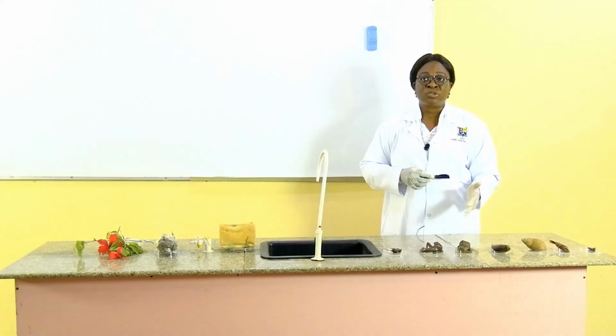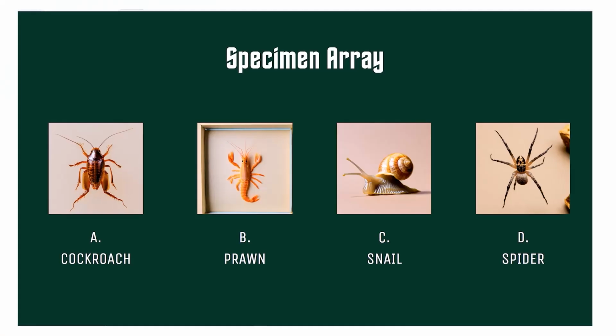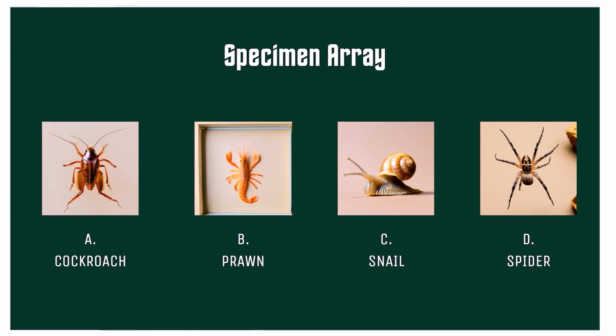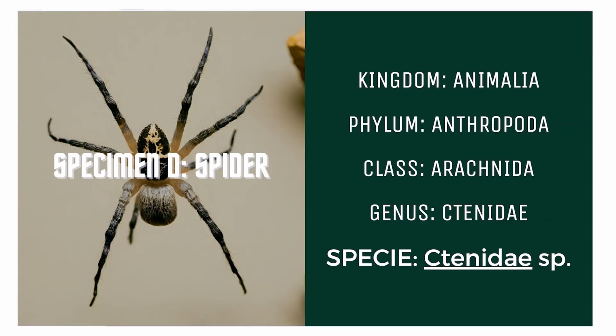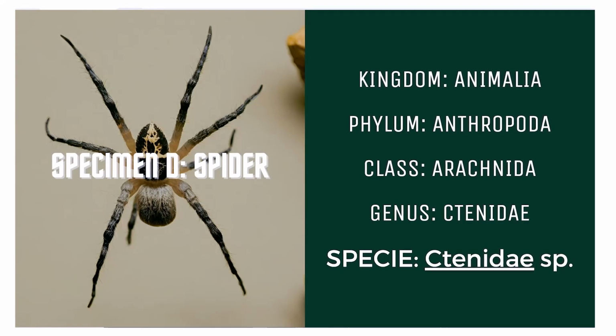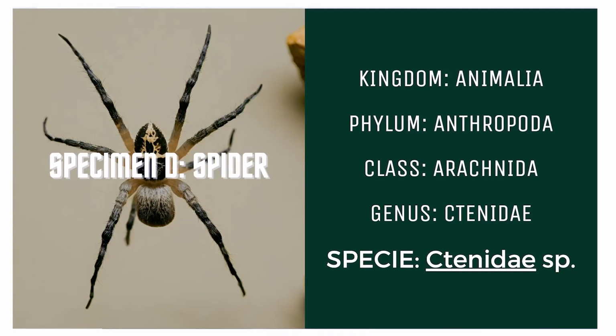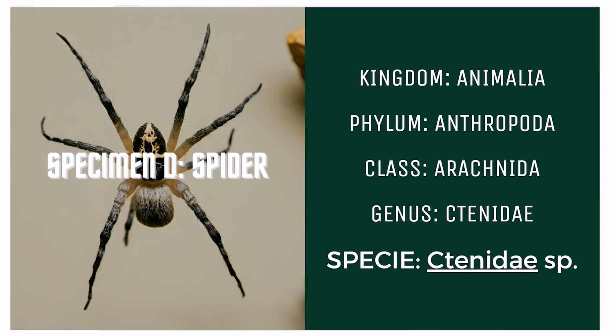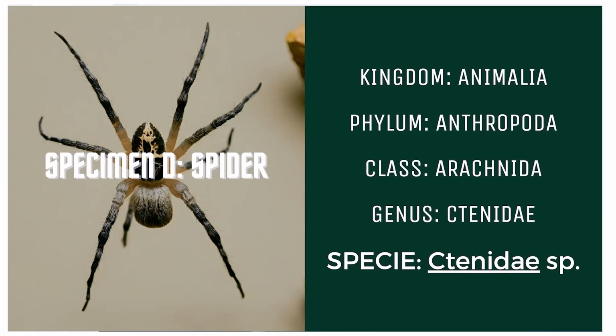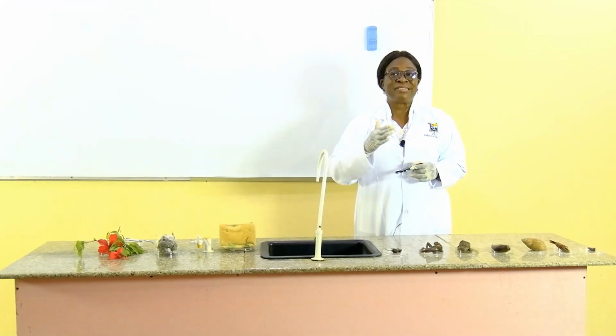Let's move on to the next specimen, D. Spider. Kingdom Animalia. Phylum Arthropoda. Class Arachnida. Genus Ctenidae.